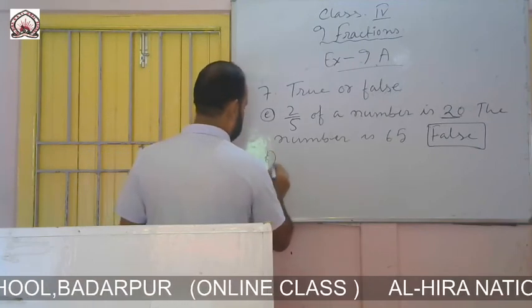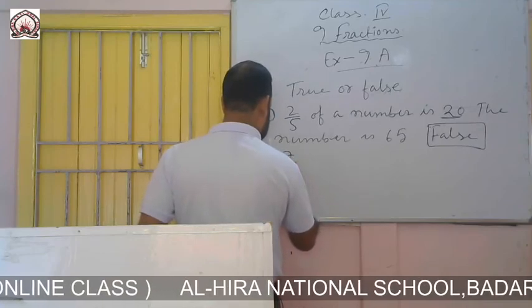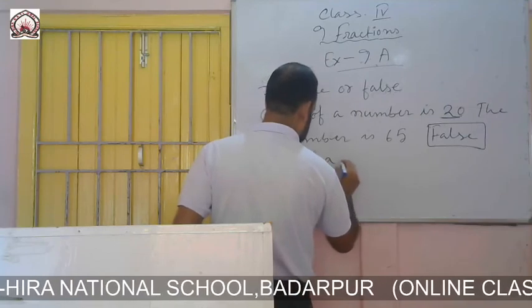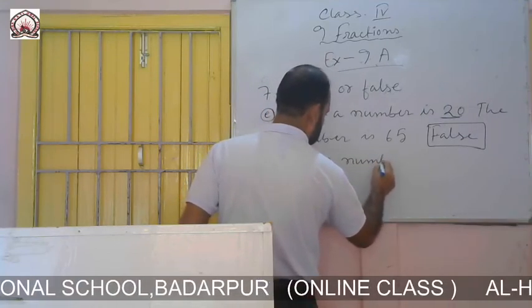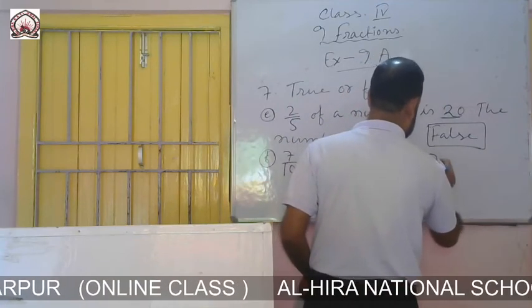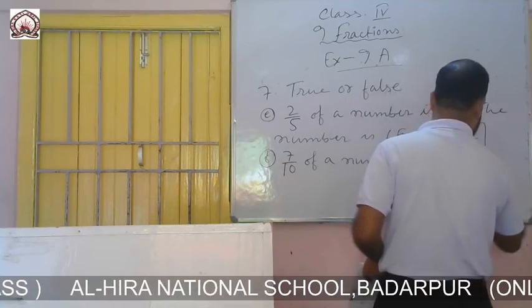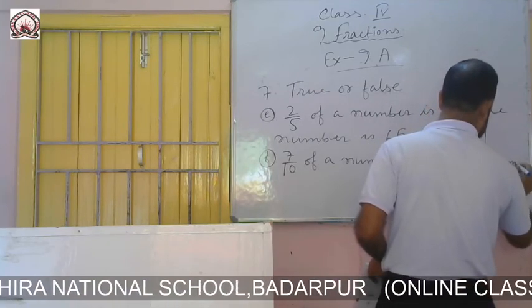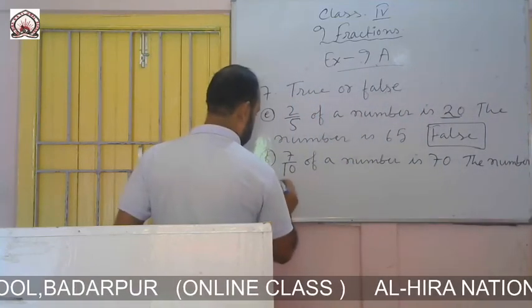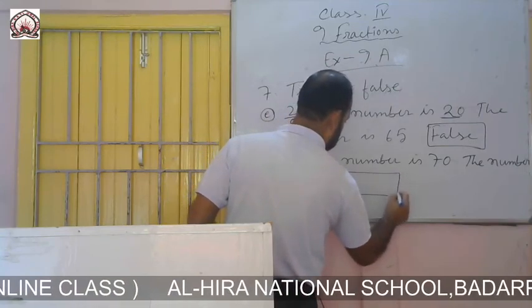Next, question number F. 7 by 10 of a number is 70. The number is 100.